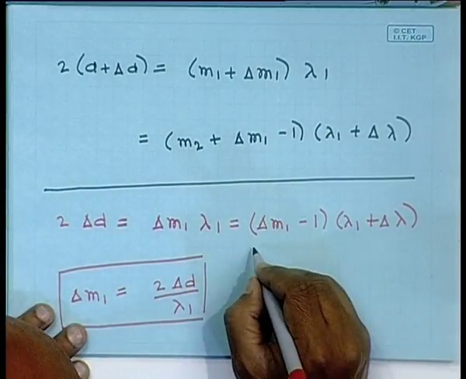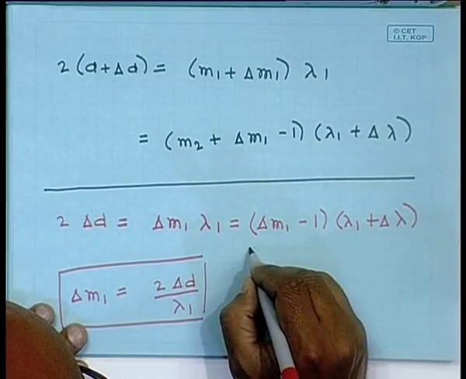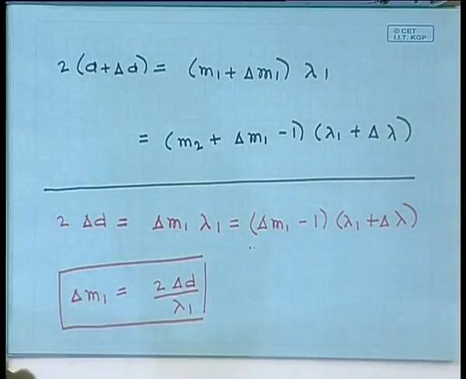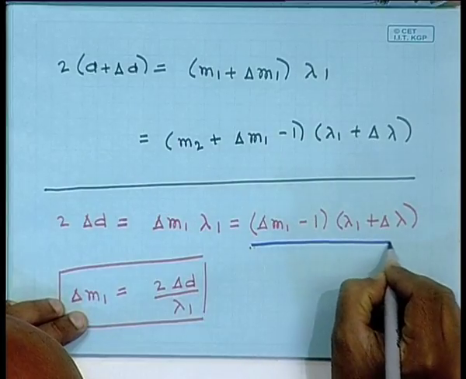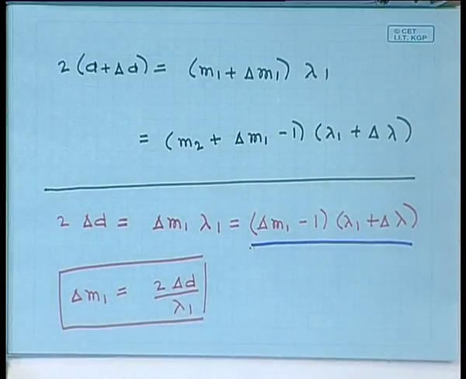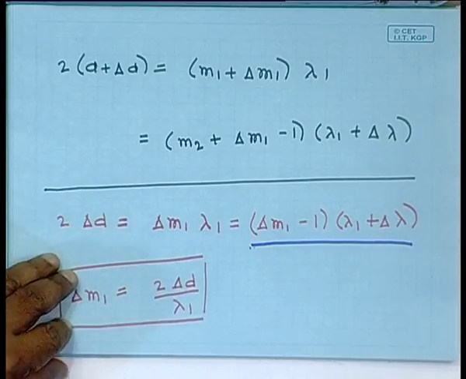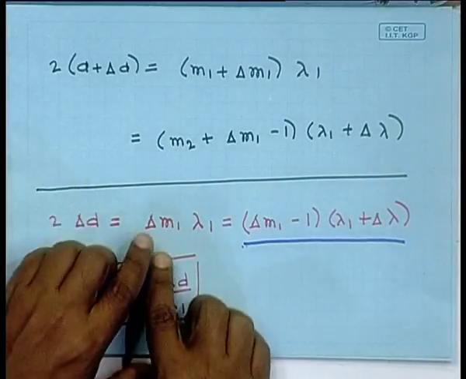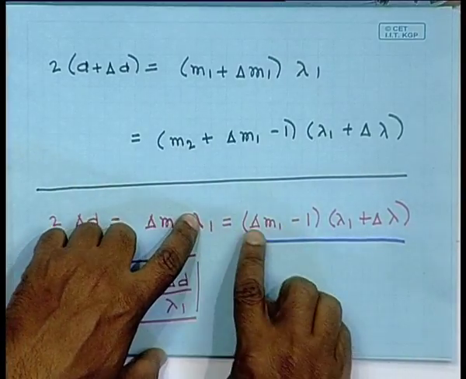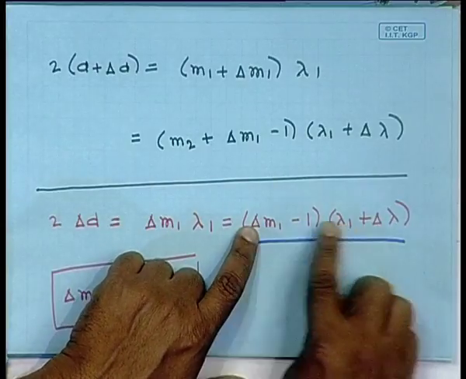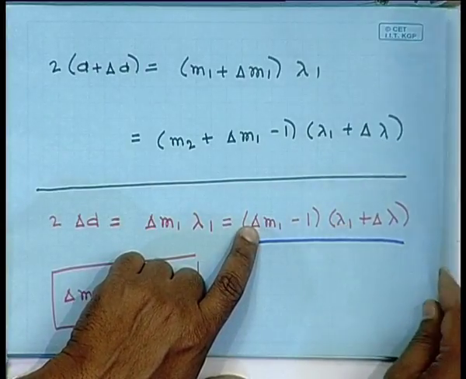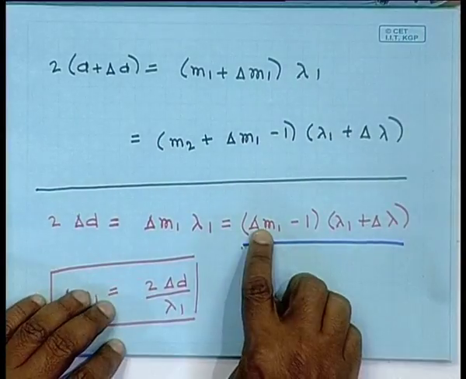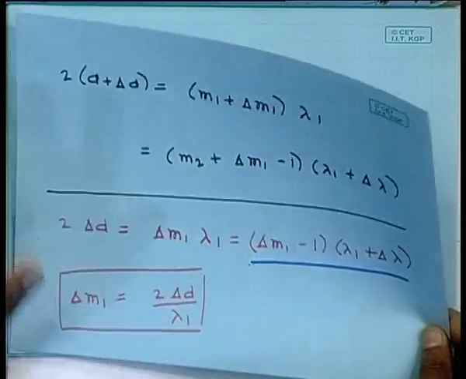Now, let us see what this part of the expression tells us. Let me just focus on this, and when I equate this with this, the term delta m1 lambda 1 cancels out.